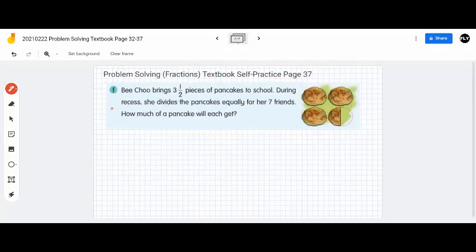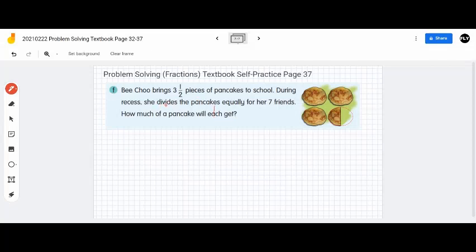F. Biju brings 3 1 over 2 pieces of pancakes to school. During recess, she divides the pancake equally for her 7 friends. How much of a pancake will each get? Each of Biju's friends, each means one friend.